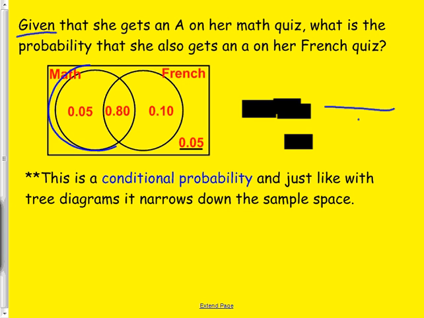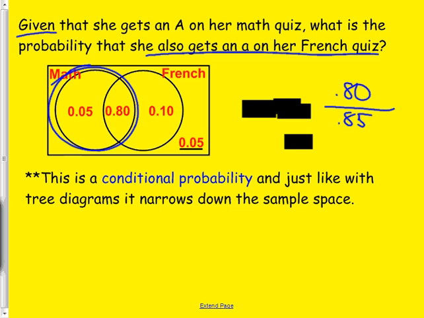These were the things that were possible. So 0.85. Then, what do we want? Remember, it's always what we want over what's possible. What did we want out of this? She also gets an A on French, which is which one? So it's 0.80 divided by 0.85.